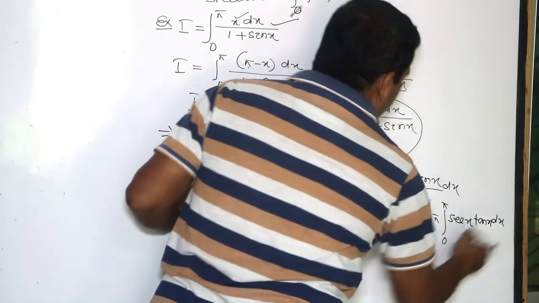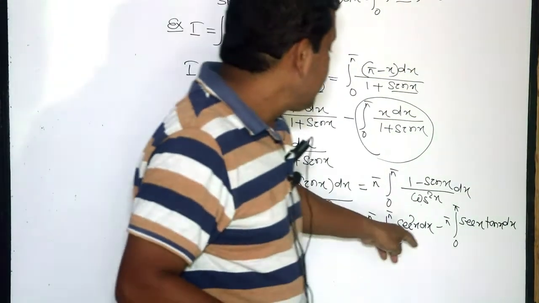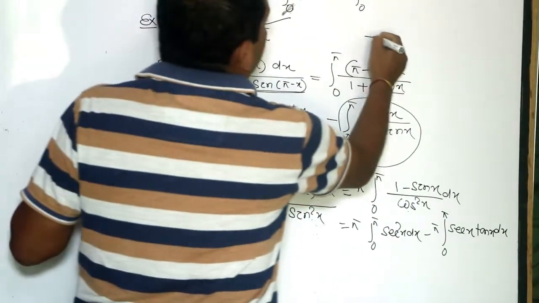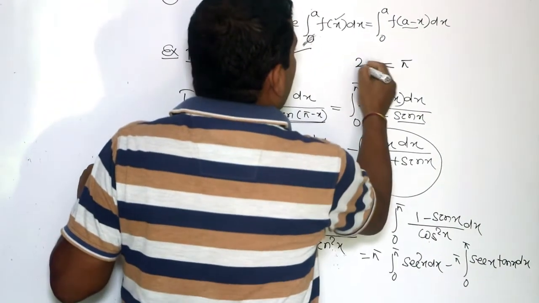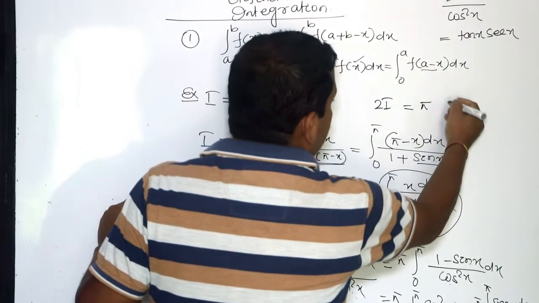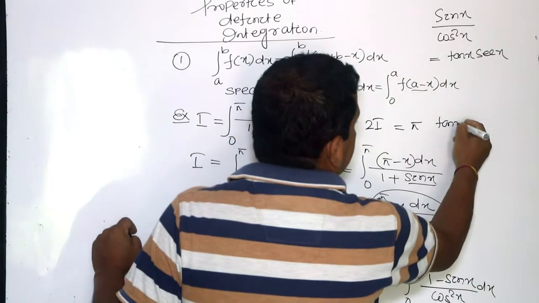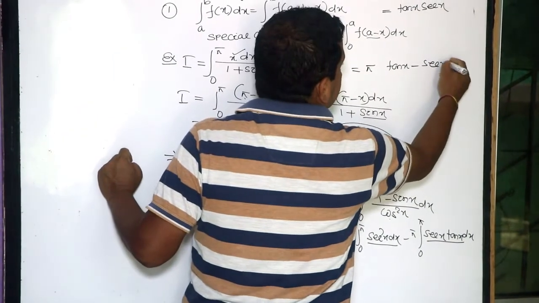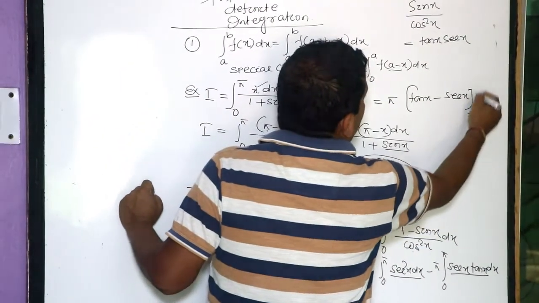Now we can evaluate this integration directly. 2I equals pi into the integration of sec square x, which is tan x, minus the integration of sec x tan x, which is sec x, from 0 to pi.